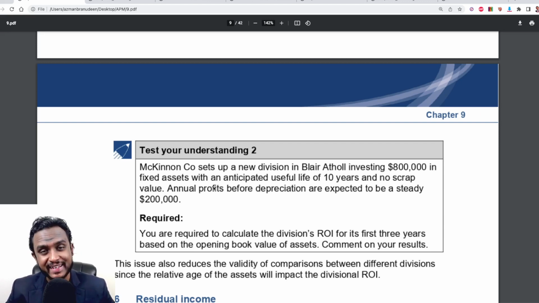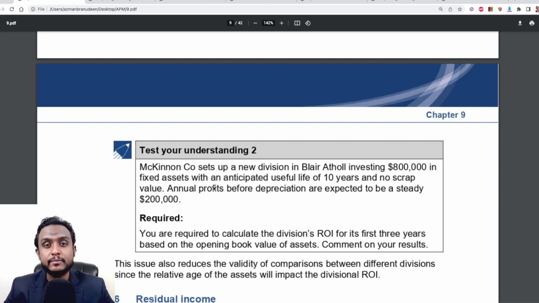A manager, maybe it's been 10 years since the asset is being used. Maybe it's a factory machine, a CNC machine, let's say. So 10 years now, and the net book value is being used. Every year the machine keeps on aging, but ROI keeps on going up because the denominator keeps falling, right? The value of the asset.